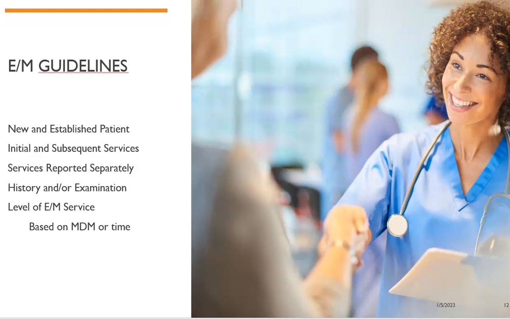Then I know it's a new patient, 99202 to 99205, so I can flip to those pages, 99202 to 99205, to determine from those 4 codes which medical decision-making or time is documented in my case scenario, in my medical record, to match the code and assign that code level. And again, we're going to do some case studies at the end.